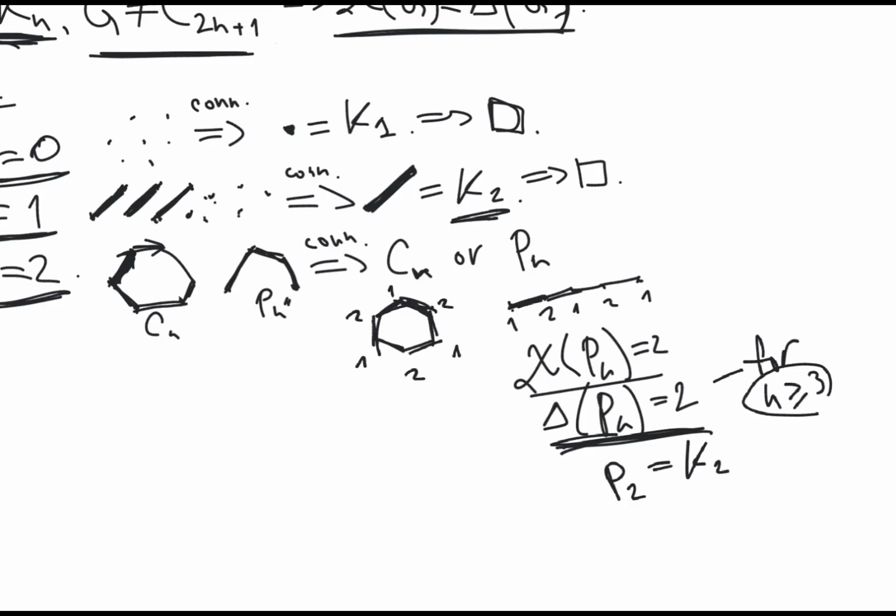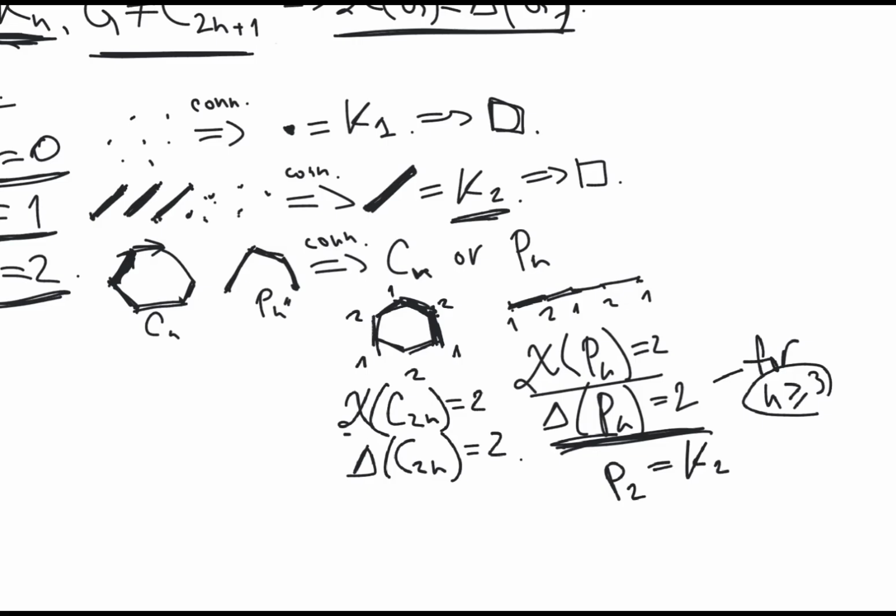At the last vertex we wouldn't have an issue with the first vertex, because it's an even cycle, and so chi of C2n is equal to 2, and the delta of C2n is equal to 2.